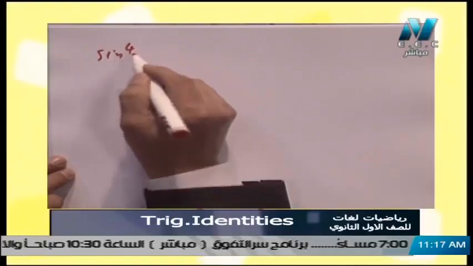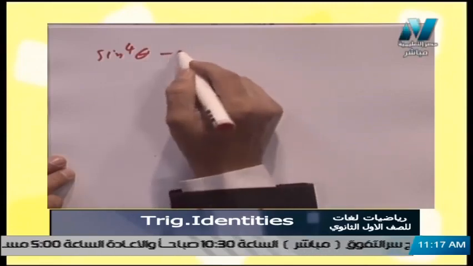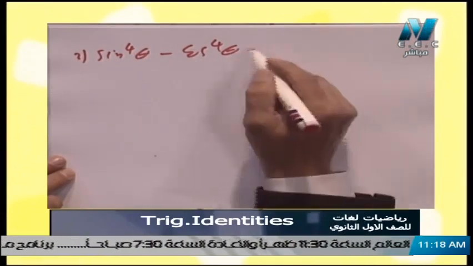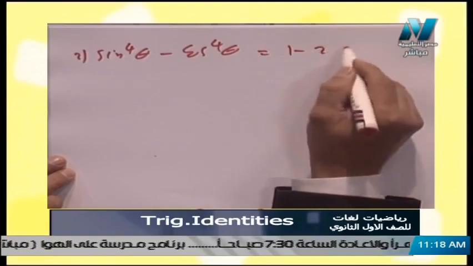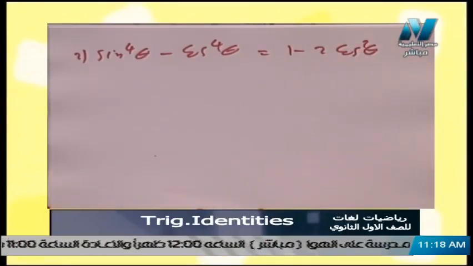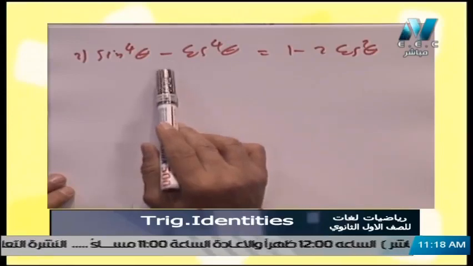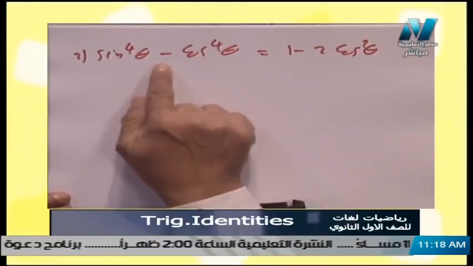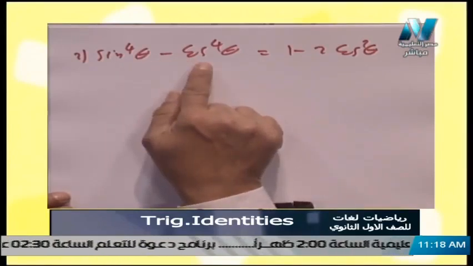Sine power 4 theta minus cosine power 4 theta. We must prove that this part equals 1 minus 2 cosine power 2 theta. Look carefully at this expression, my dear students. You will find that we have a difference of two squares.